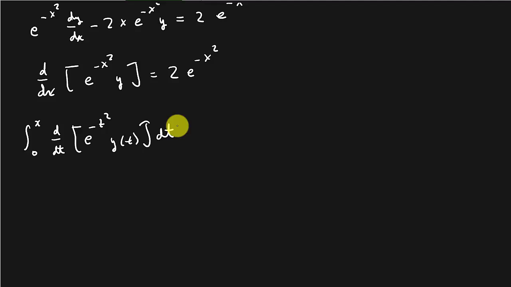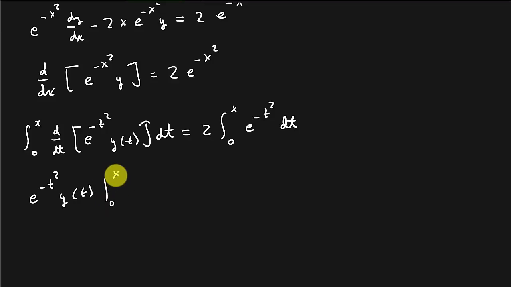We're putting it in terms of t. And that is equal to 2 integral 0 to x e to the negative t squared dt. And so this is going to give us e to the negative t squared y of t from 0 to x equals 2 integral 0 to x e to the negative t squared dt.